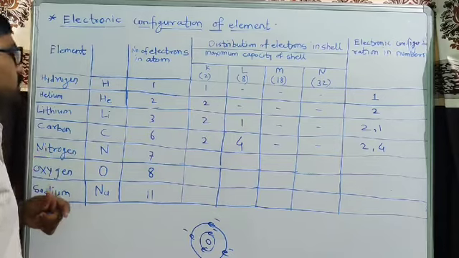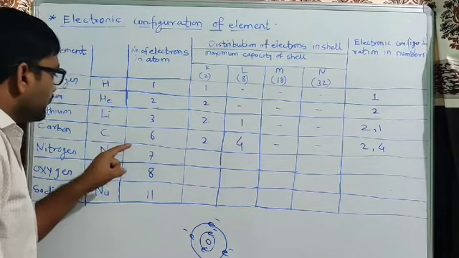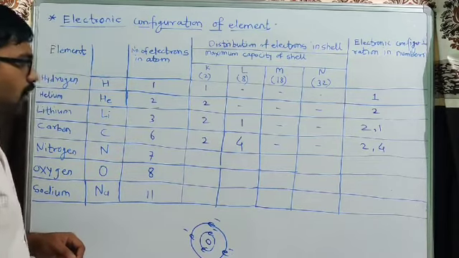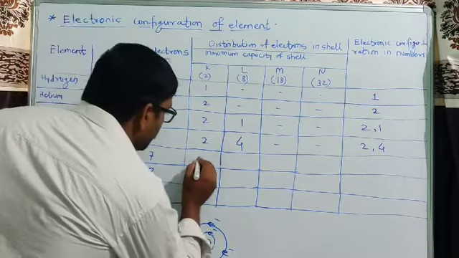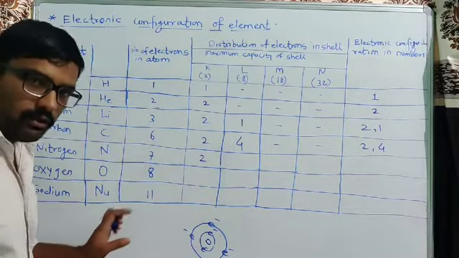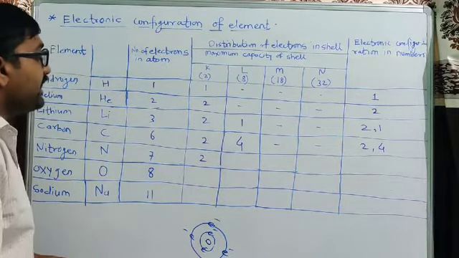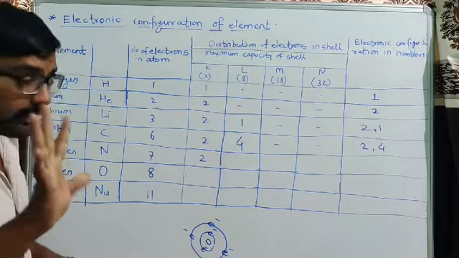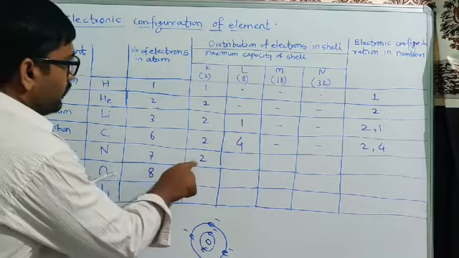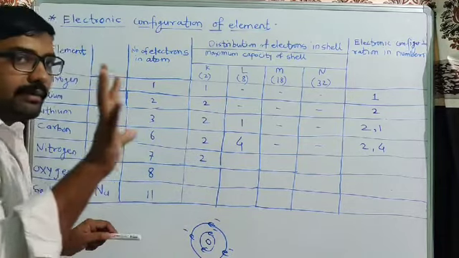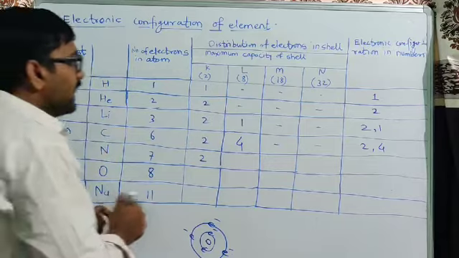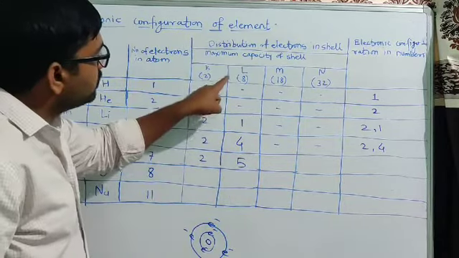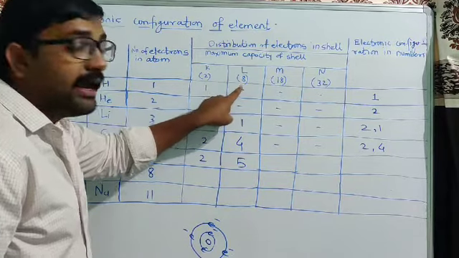Then nitrogen. In nitrogen there are 7 electrons. We know the first 2 electrons will be added in the K shell. Now how many electrons are remaining? 5 electrons. Out of 7, 2 are added into the K shell, then 5 remain. All 5 electrons will be added into this L shell, because its maximum capacity is 8 electrons.